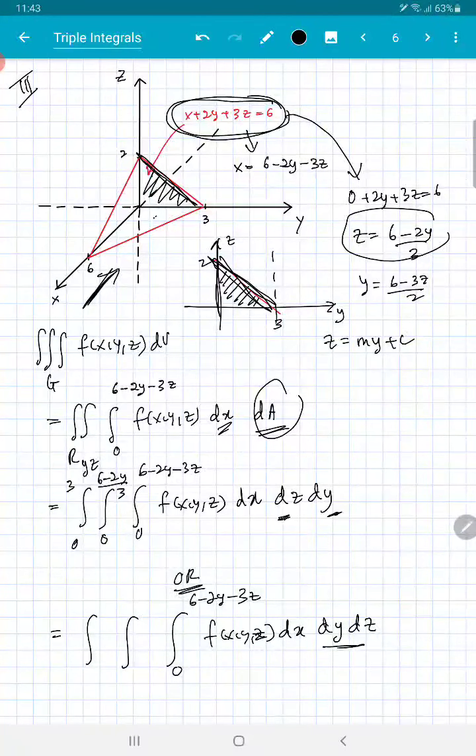But then if it's dy dz, z is integrated last, so it should be from a constant to a constant from this triangle. Z is going to be from 0 to 2. But for the limits for y, you're going to use this straight line. It's the same straight line, but we're going to use this equation. So y is going to be from 0 to 6 minus 3z over 2.